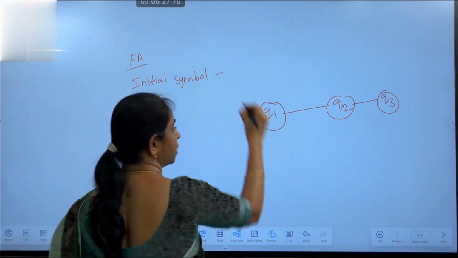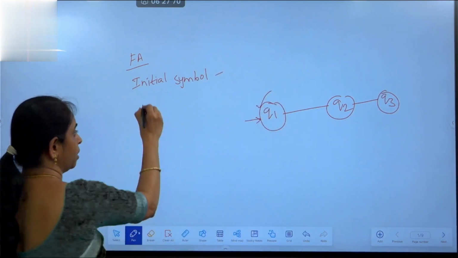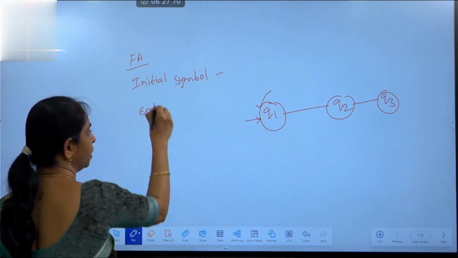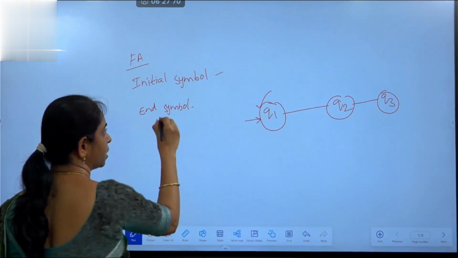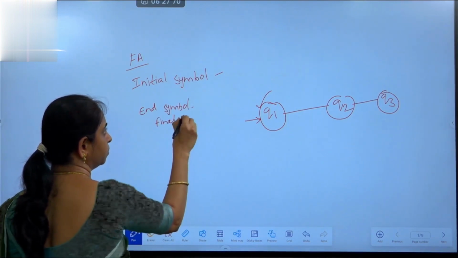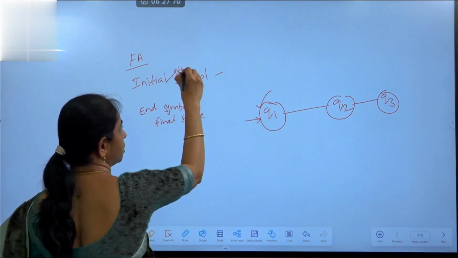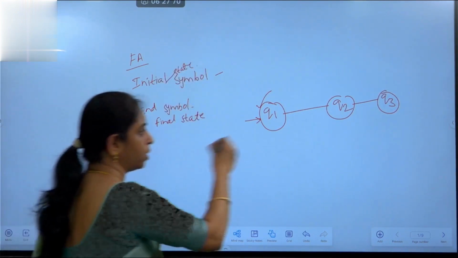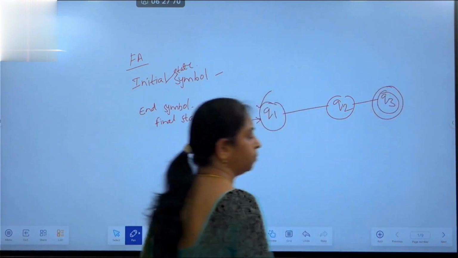Where the execution, the process, starts, we call it the initial state. Next we have the end symbol, which we call the final state. The final state is represented with a double circle.